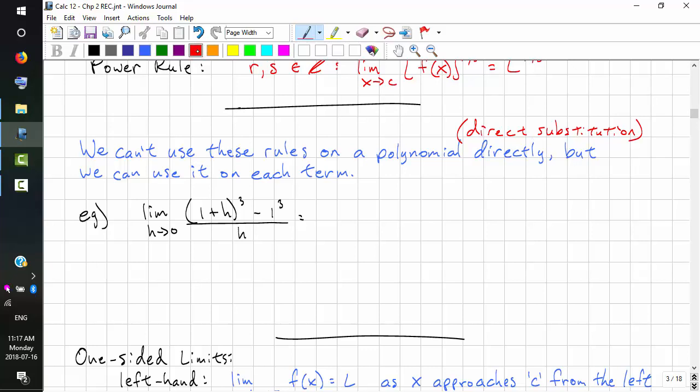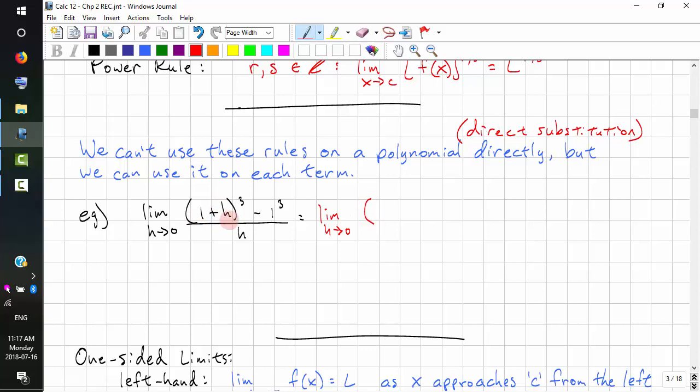Okay, so let's look at a slightly more difficult problem. We have a cubed binomial, so we need to use the binomial expansion. Limit as h approaches 0. And this is a constant of 1. Here's a constant of 1 as well. That makes it easy, so we use Pascal's triangle.